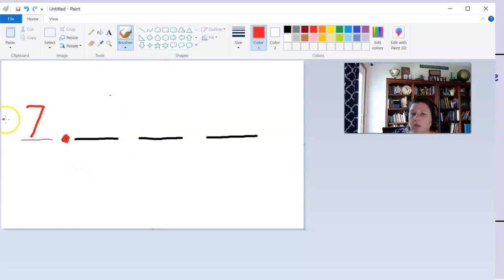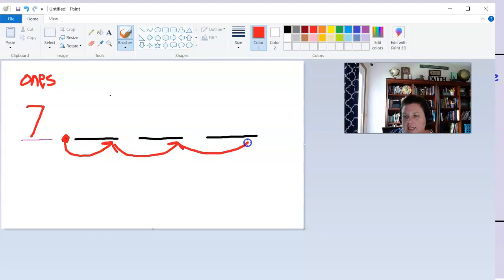And I'm wondering, how much is a 7 in the ones place worth? Well, that's our ones place, so it's worth 7 ones. Okay, but when we go to the right side of the decimal, we have tenths, hundredths, and thousandths.